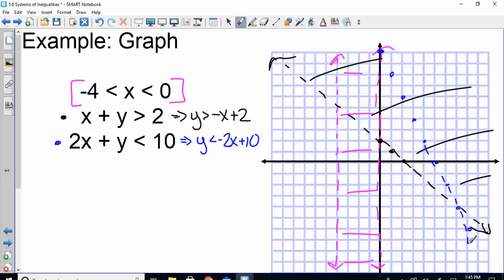And that would also be dashed. Where is that one shading?